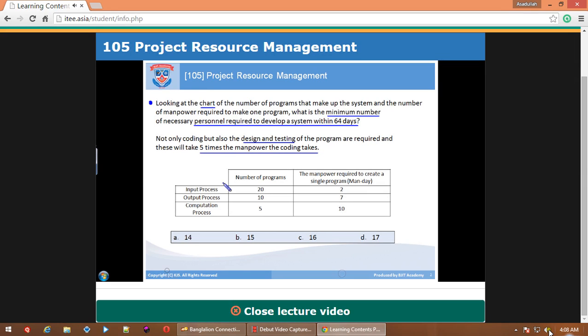That is, how many programs are there in this system, and to develop one program, what manpower is needed, is also provided. The unit of manpower is given in man day.